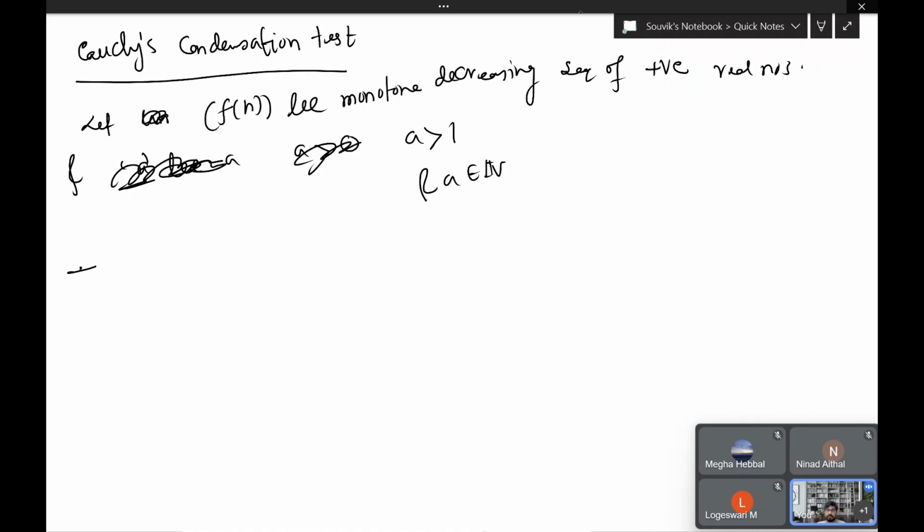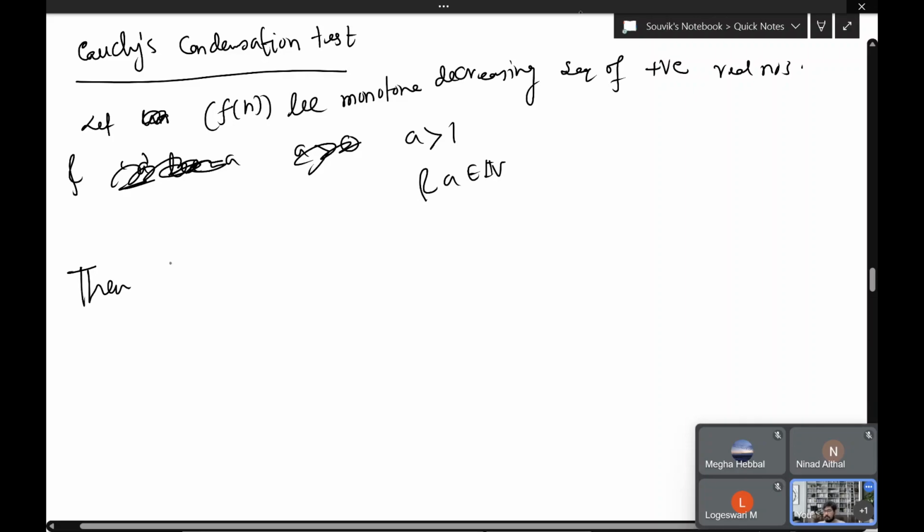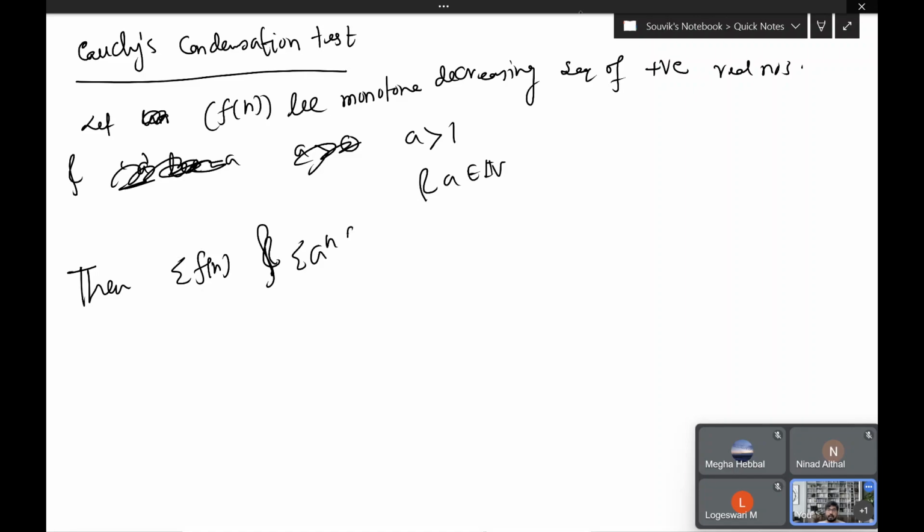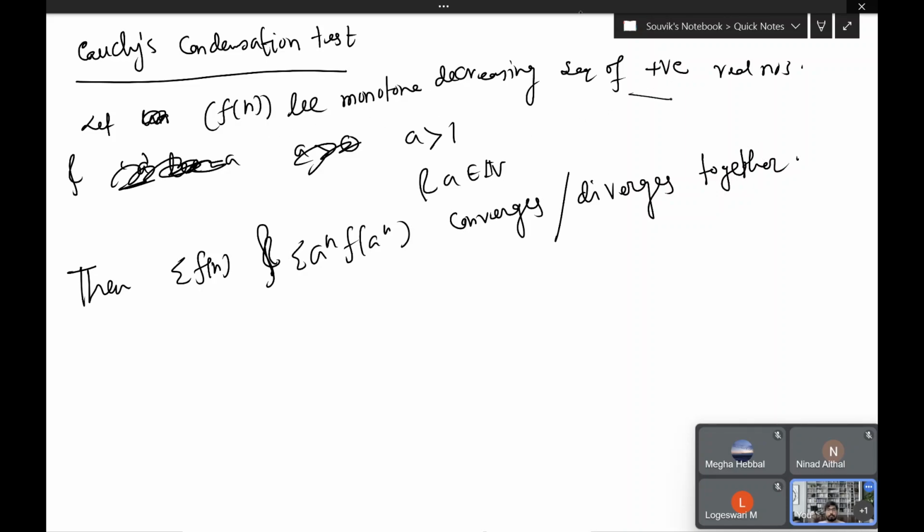Then Cauchy's condensation test tells that summation fn and summation a to the power n, f of a to the power n, converge or diverge together. That is the statement. If fn is monotone decreasing of positive real numbers, and a is an integer greater than 1, then the two summations converge or diverge together.